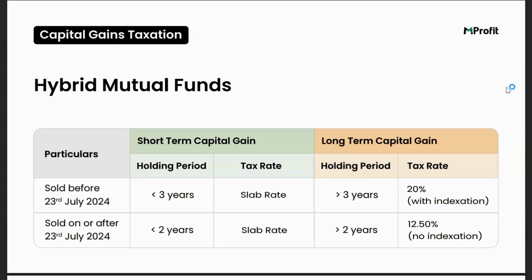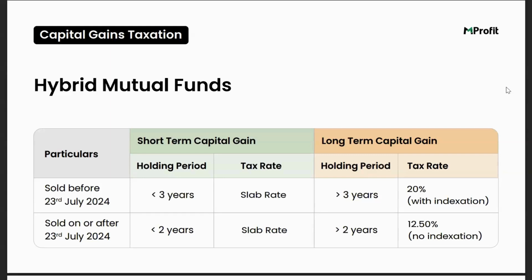Now, scenario 2 is where you have sold the hybrid mutual fund on or after 23rd of July 2024. In this case, the holding period rule changes to 2 years. That is, if you are selling the mutual fund within 2 years from the purchase date, it will be classified as a short-term capital gain. If you are selling this mutual fund after 2 years from the purchase date, it will be classified as a long-term capital gain.